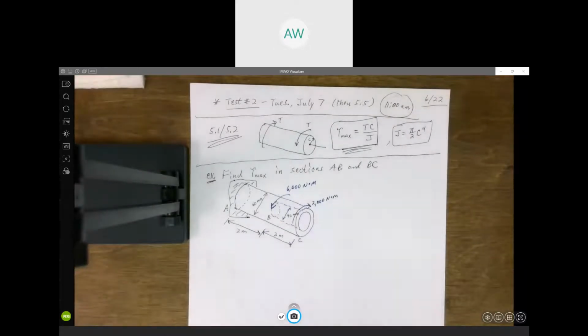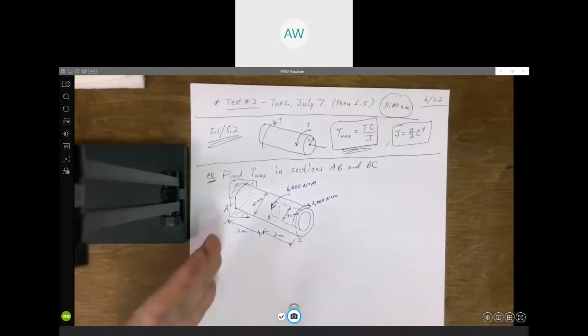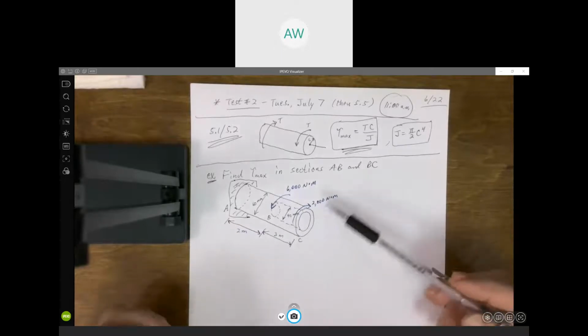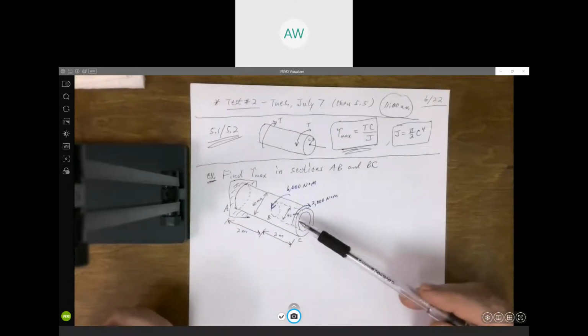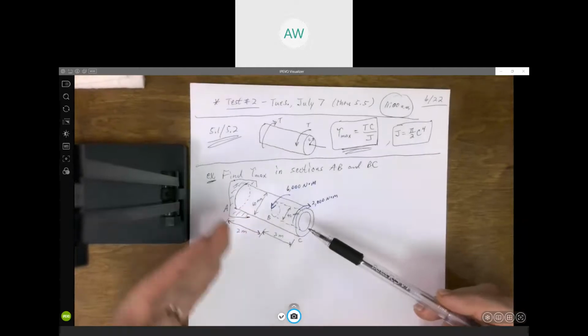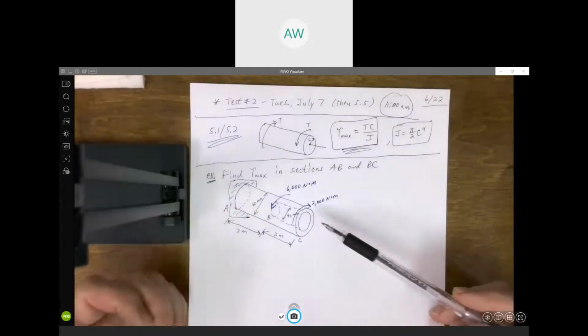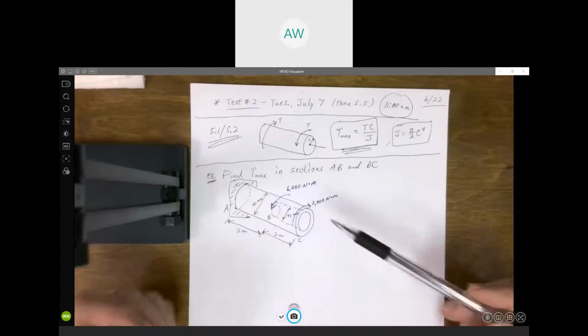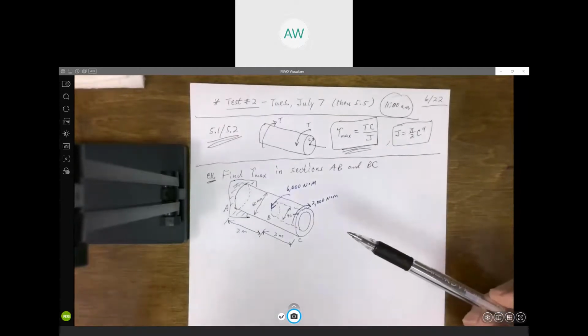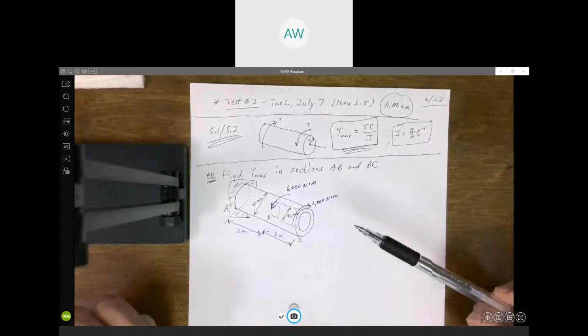All right, so that's what our shaft looks like. Starting at the outer end here, C, it goes in 3 meters. It's hollow, and the hollow part has a diameter of 40 millimeters. And then from that point B back to the wall at A, it's 2 meters long, and it's a solid circular cross section with a diameter of 60 millimeters.